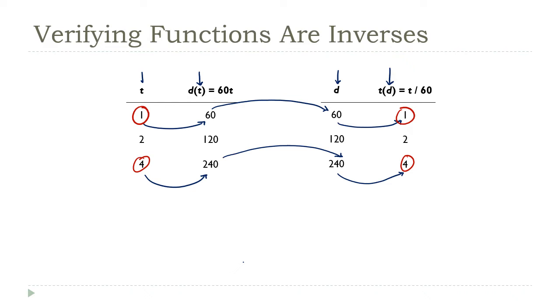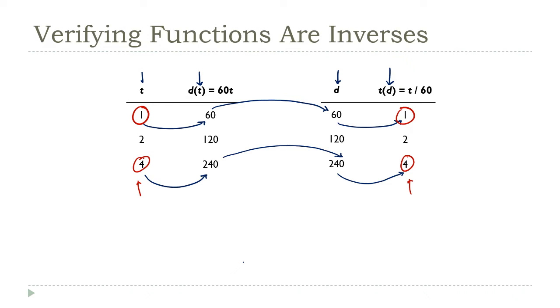Well, remember what it means to put one function into another. That's what we mean by function composition. So essentially what I'm doing here is composing these two functions, and when I do, the output value is the same as the input value. And that's going to be our method.